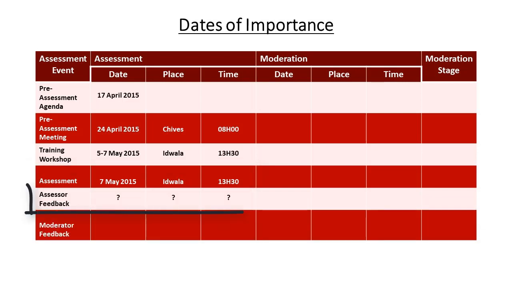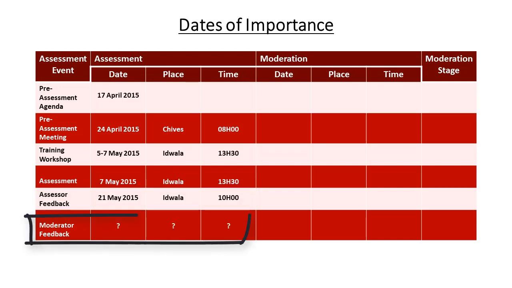The date of the feedback meeting between learners and assessor is not clear from the mock evidence. It must have taken place after the assessment was done. So let's assume and accept the date and place as 21 May 2015 at Idwal Lime. The date of the feedback meeting between assessor and moderator is also not clear from the mock evidence, but it must be after the feedback meeting between learners and assessor.